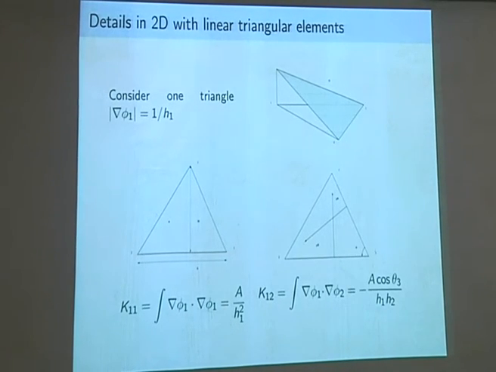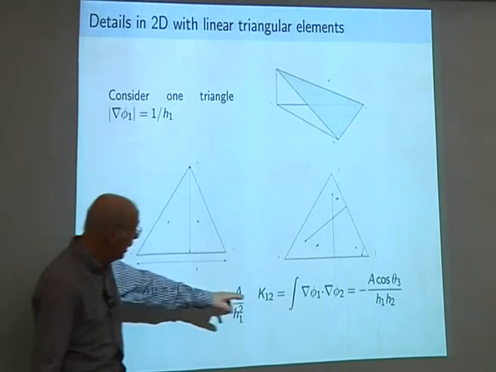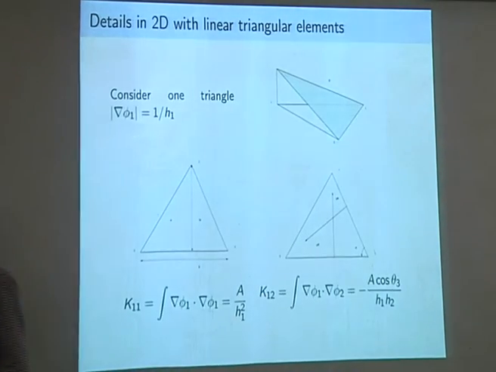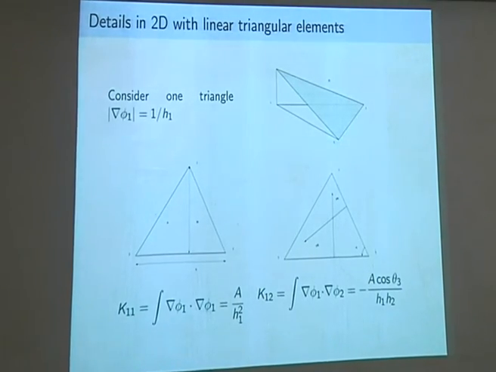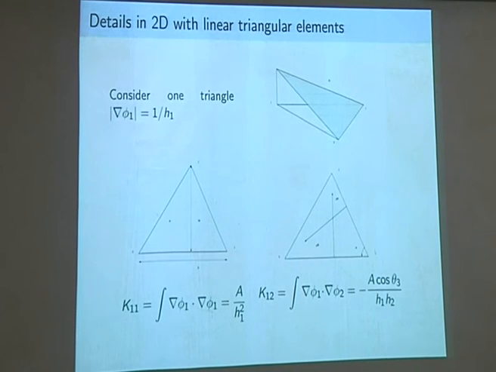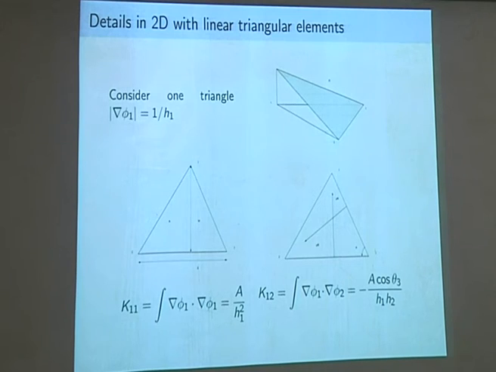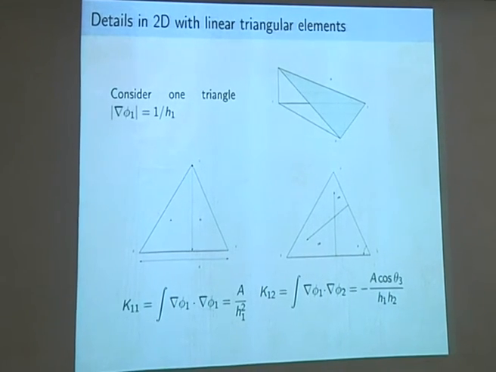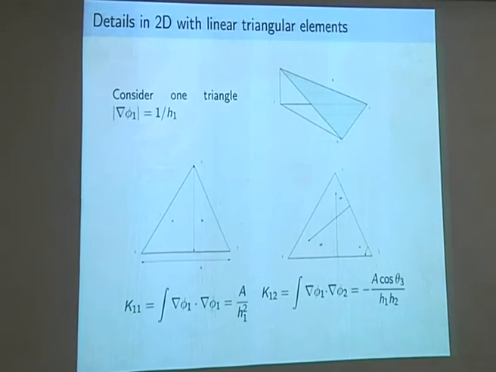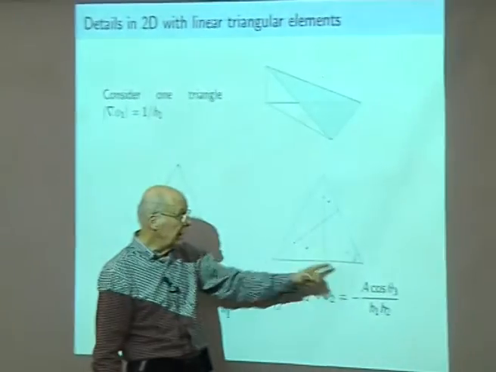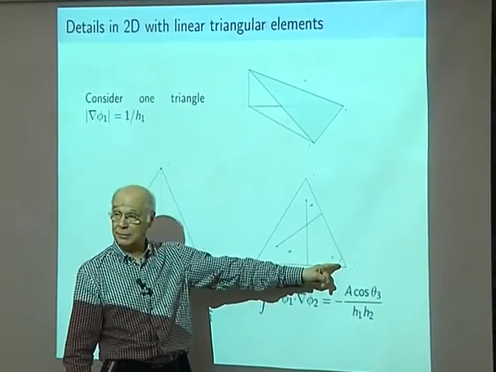And if I wanted the matrix element K_12, that is going to be the dot product of gradient phi_1 and gradient phi_2. This is 1 upon h1, this is 1 upon h2, but the vectors are in different directions. One is perpendicular to one baseline, one's perpendicular to another baseline, and the angle between them is the angle there.